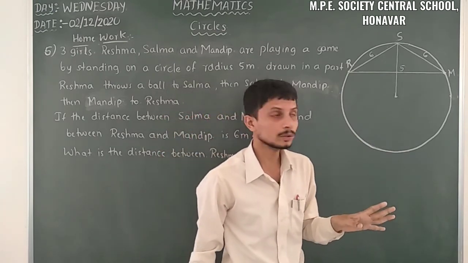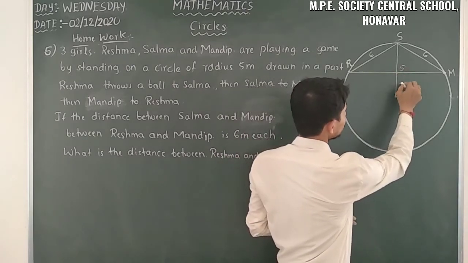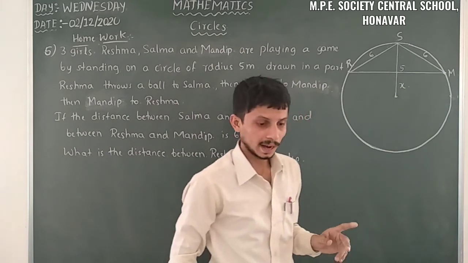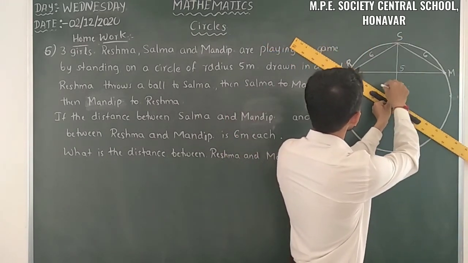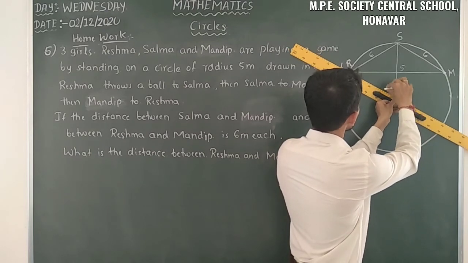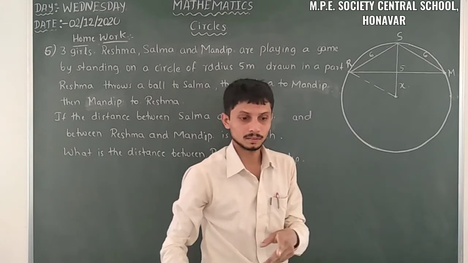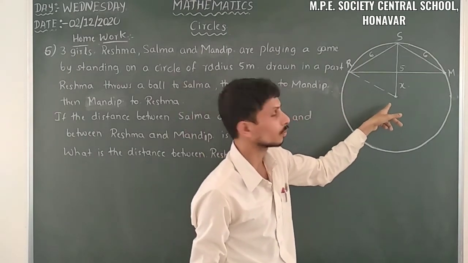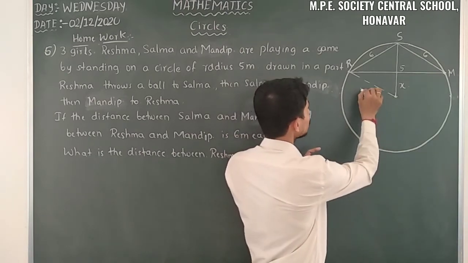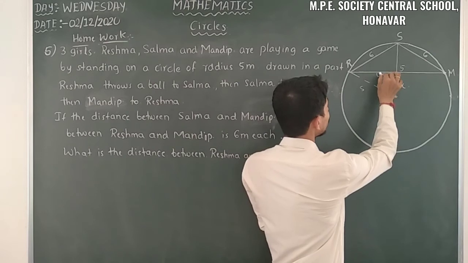For that, we have to take this distance as x, and then draw another radius here. That one is also 5 meter. Then let us consider this as y.